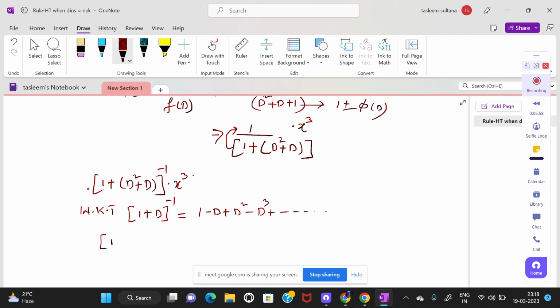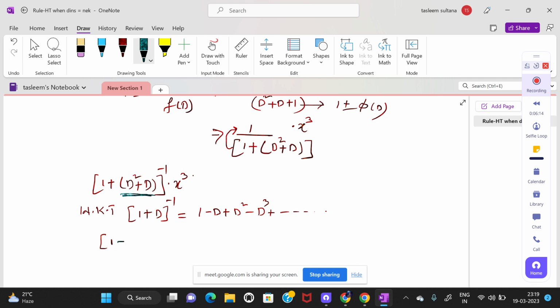Then this part you are going to treat as d. So wherever d is there, you have to write d square plus d.